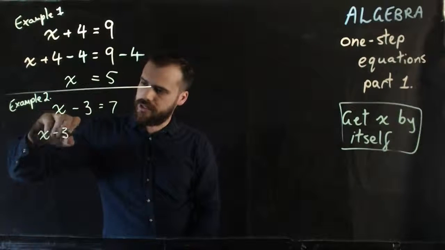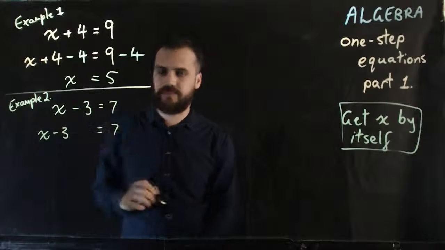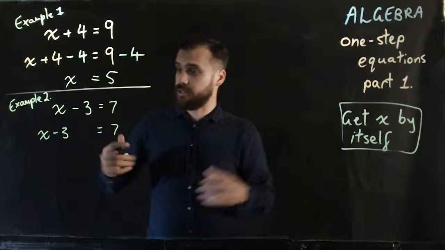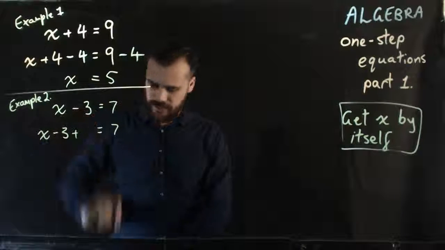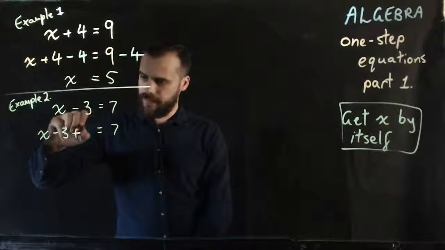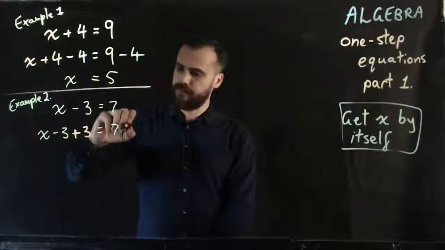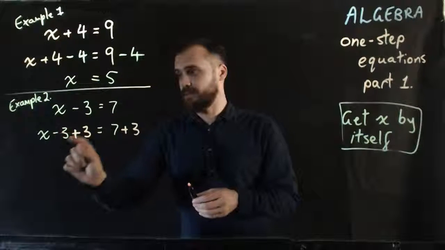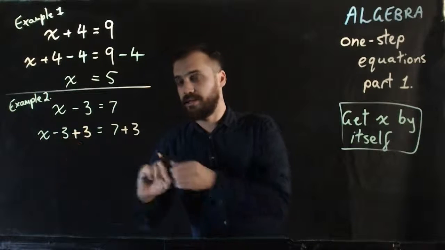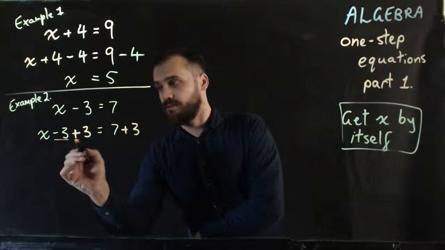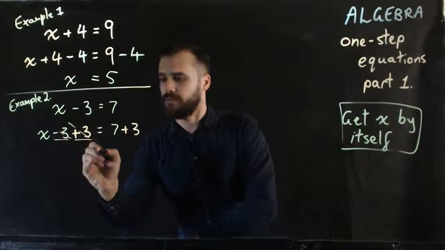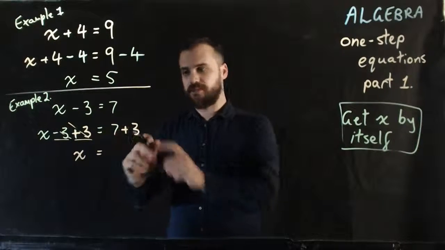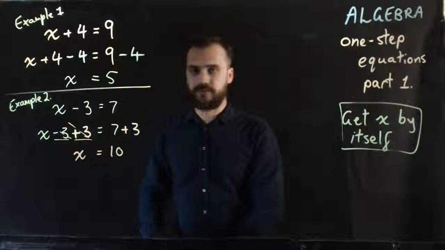X minus 3 equals 7. Now, the opposite of minus 3 is plus 3. Let's use a different colour pen. Now, that means that x minus 3 plus 3, they're going to cancel each other out, which is going to leave x here, and 7 plus 3 equals 10.